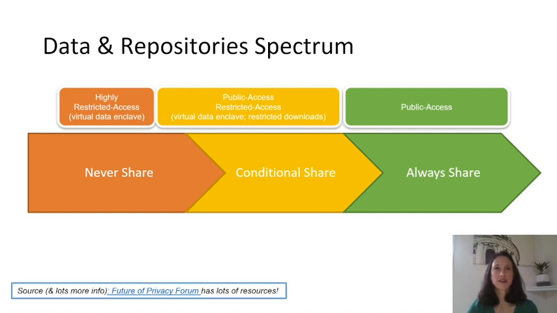Or if we think early about things like a virtual data enclave or some other restricted access mechanism, where the data is stored securely and certain researchers can access it for very specific purposes, does that help facilitate at least efforts around reproducibility? Going into the conditional share, again, consider what use we should make of restricted access mechanisms versus public use mechanisms. And of course, in the always share category are the public access data sharing mechanisms.